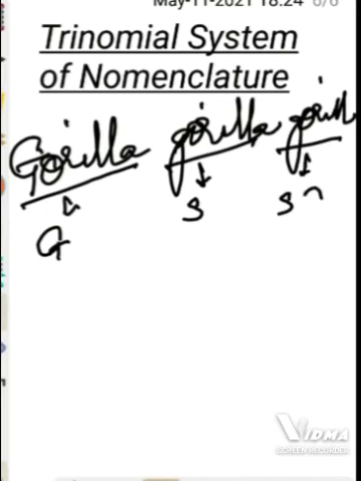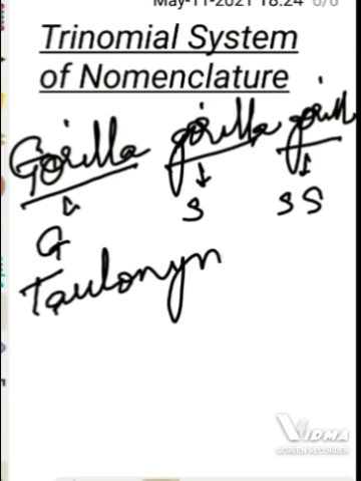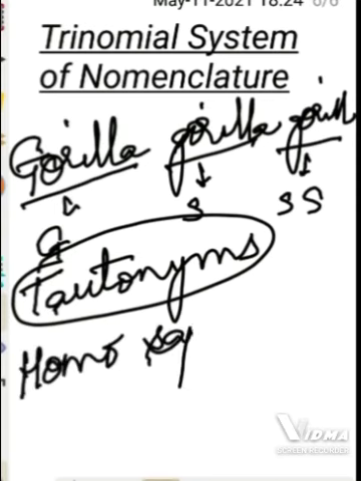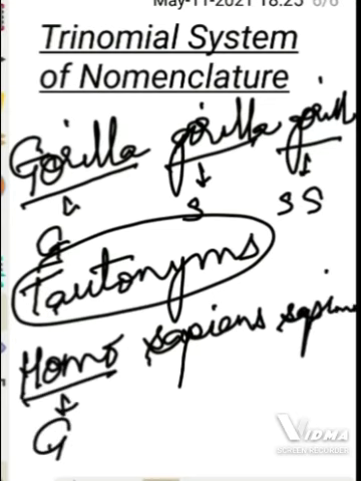Even for such organisms where the genus and the species name are similar, like gorilla gorilla, such names are also called tautonyms, where the name of the genus and the species is the same. We can take one more example of the trinomial system of nomenclature: Homo sapiens sapiens. Homo is the genus, sapiens is the species, and this sapiens is the subspecies.